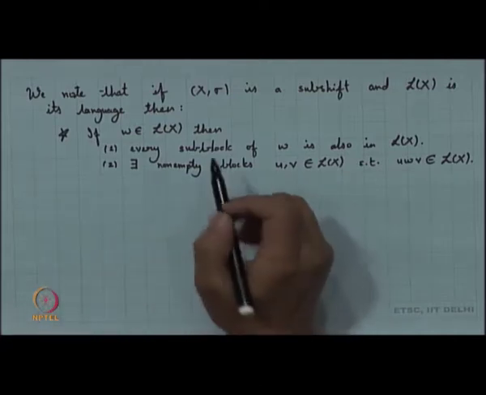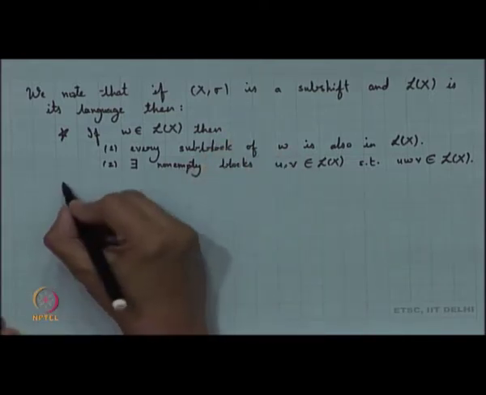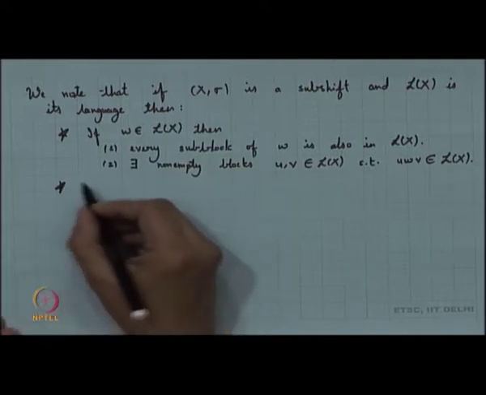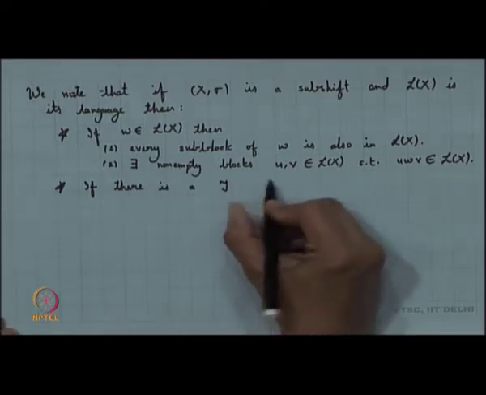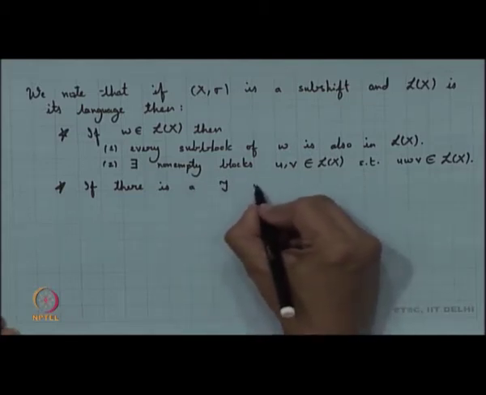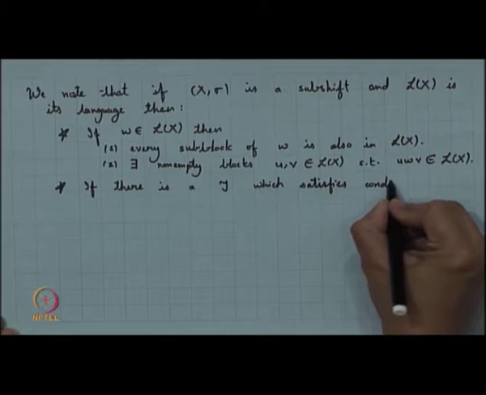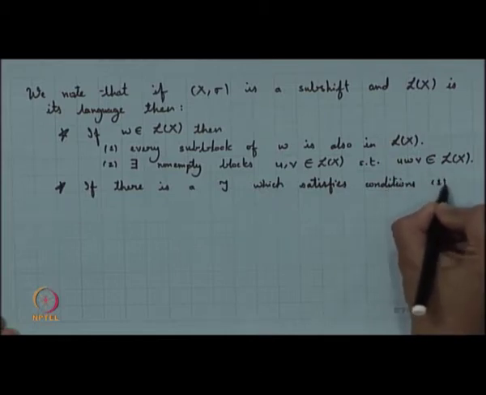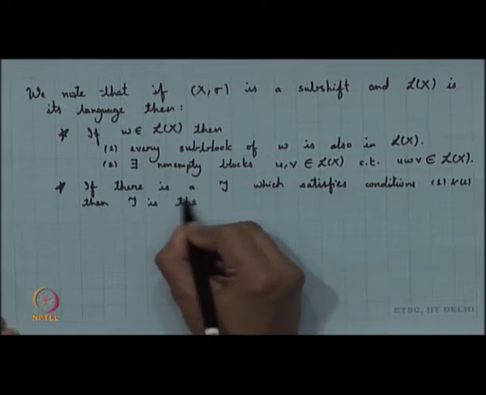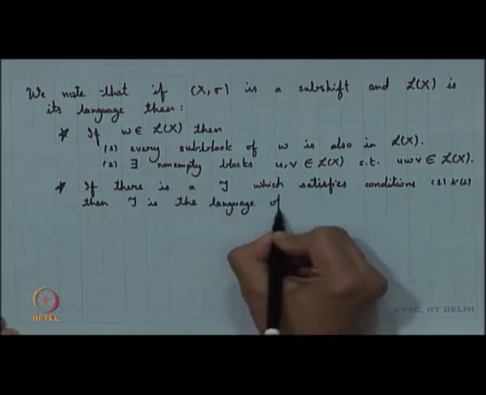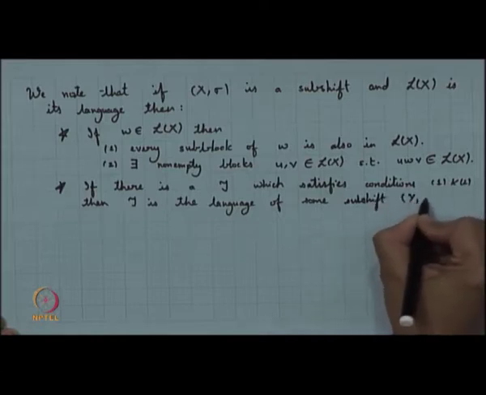So, for any w in Lx, we note that these two conditions definitely hold, but that gives us an interesting fact here, and the interesting fact can be seen in terms of if there exists some T. So, this is a set T which satisfies conditions 1 and 2, then T is the language of some subshift, I can call it Y sigma.